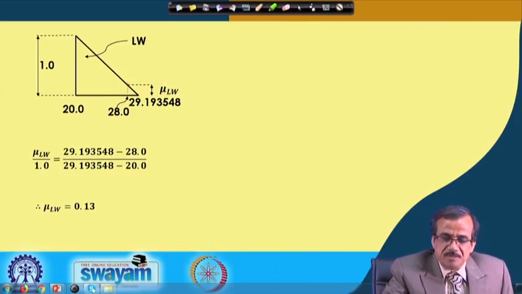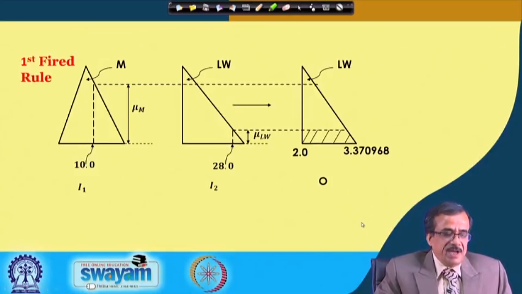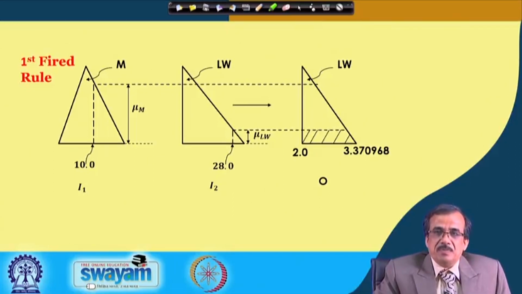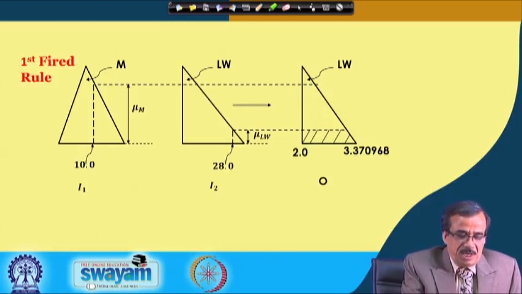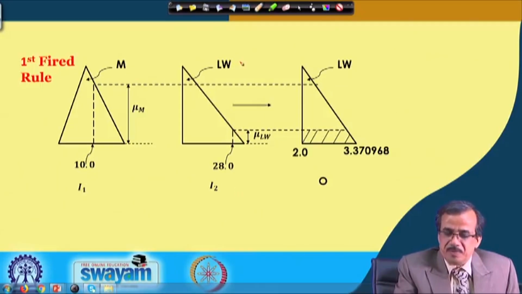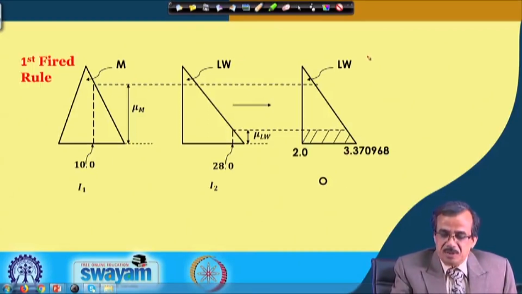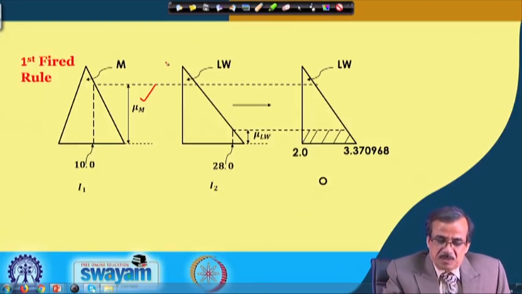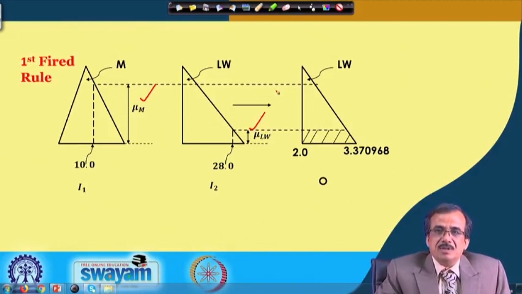Now, if I concentrate on the first fired rule, if I1 is medium and I2 is low, then output is low. This is the membership function distribution for low. Corresponding to medium we have determined mu medium, and corresponding to low we have determined mu low, and we have to find the minimum.